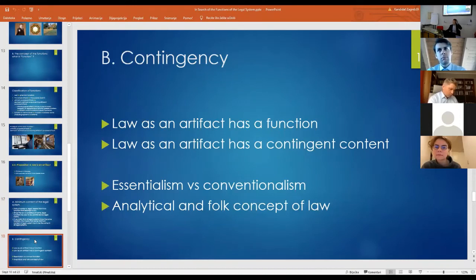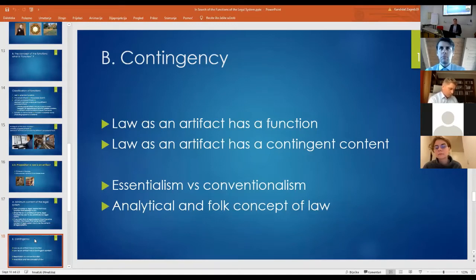But also what this proposition brings to light is basically the problem of contingency, and some legal theorists believe that the most important feature of artifacts is their contingency, that different cultures may have different concepts of law. So we now have a conflict coming from the same theory, I would say, the artifact theory of law.